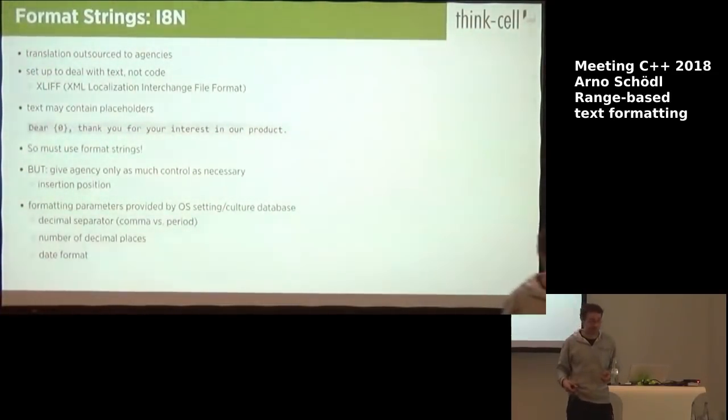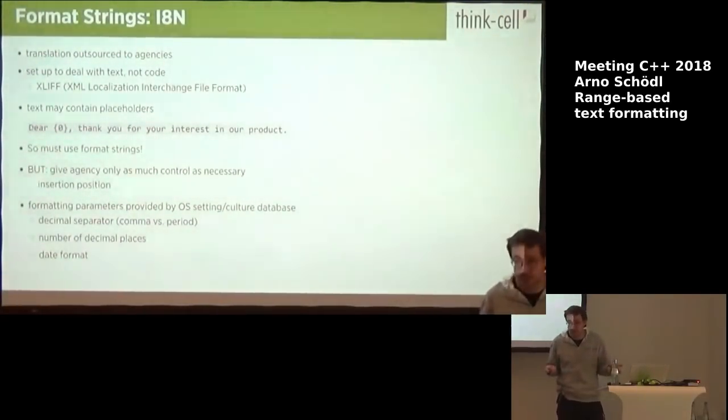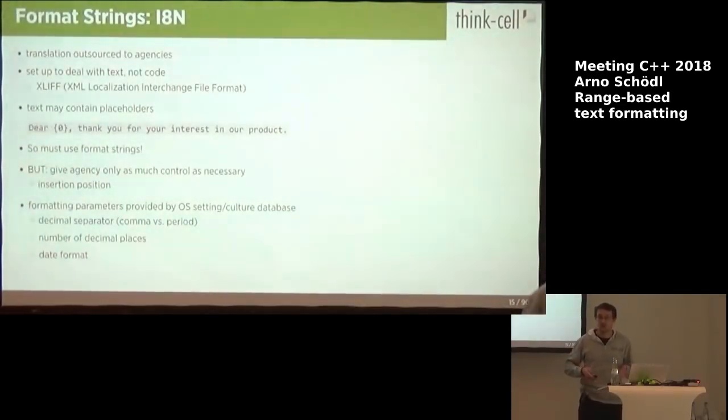They swap the first components around. So you want to do that how it is configured in the operating system, not how the translation agency decides to do it. So that's a good reason why you really only want positional arguments in the format string. For us, it did a good job. We are doing lots of translations into all kinds of languages, and for us, doing it with just positional arguments was enough.